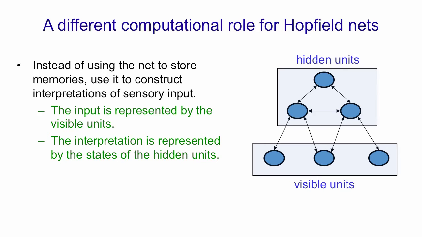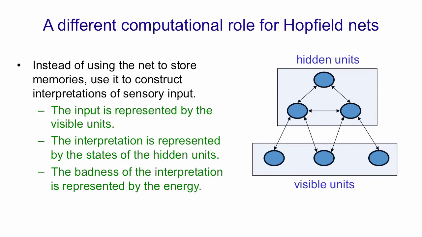So the idea is that we have the input represented by some visible units, and we construct an interpretation of that input in the set of hidden units. So the interpretation or explanation of the input is going to be a binary configuration over the hidden units. The energy of the whole system will represent the badness of that interpretation.